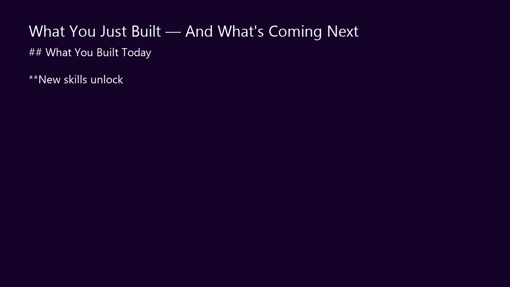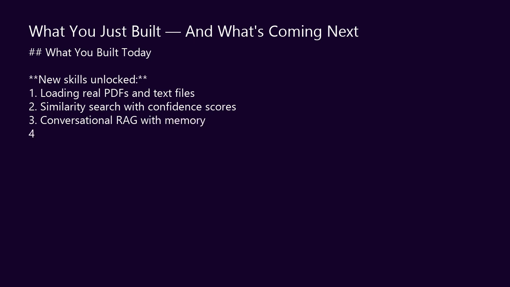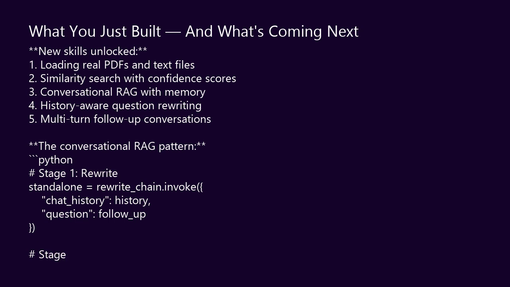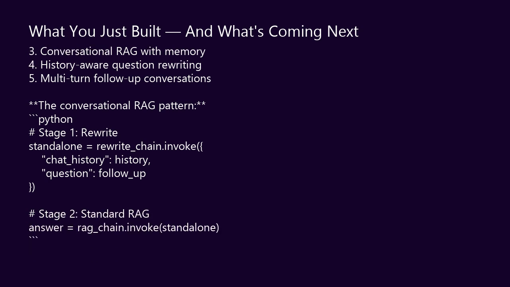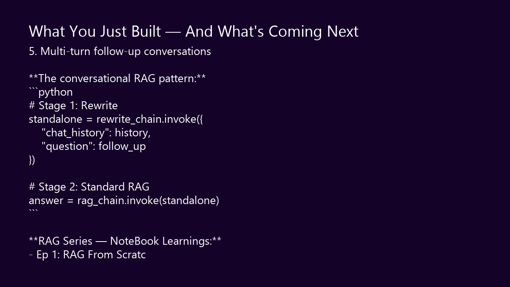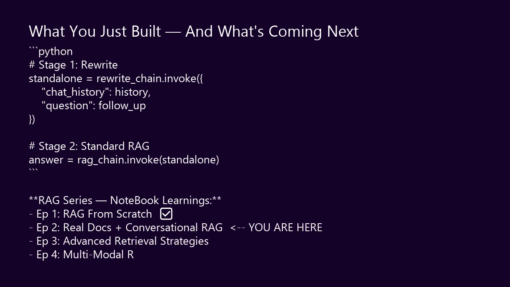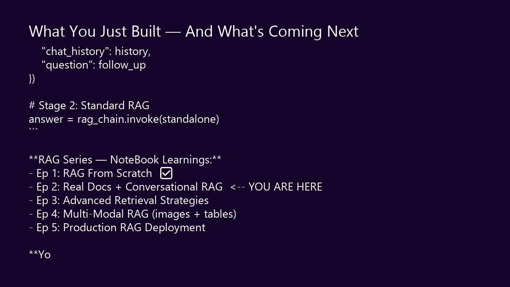Let's recap what you accomplished today. You loaded real PDF and text files using LangChain's document loaders. You saw how different file formats become identical document objects after loading. You learned about similarity scores and how they tell you how confident the retrieval is. Lower score, better match.